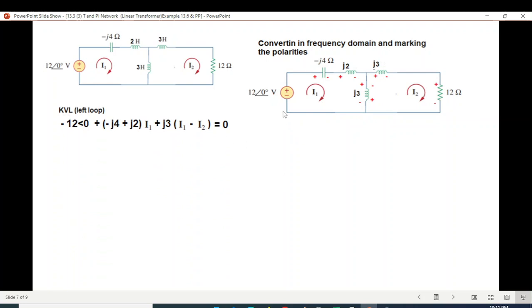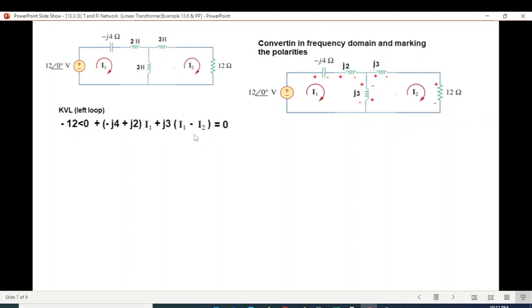So this left loop, negative 12, and I hope you know how to write j4 plus j2, I1, and now here there are two currents also, but the current directions are different. I1 coming from top to bottom, I2 going from bottom to top. So we'll write it as I1 minus I2.